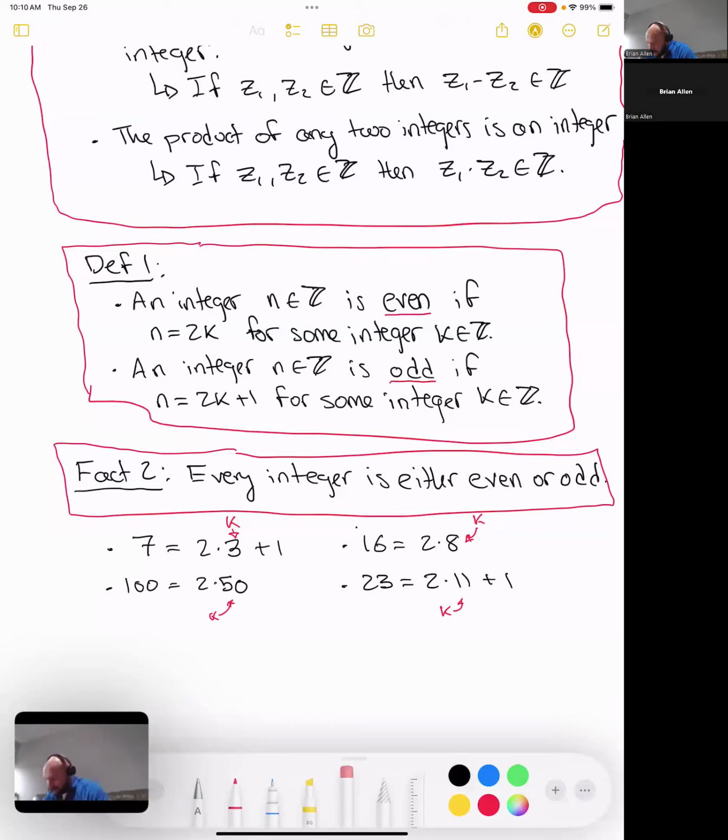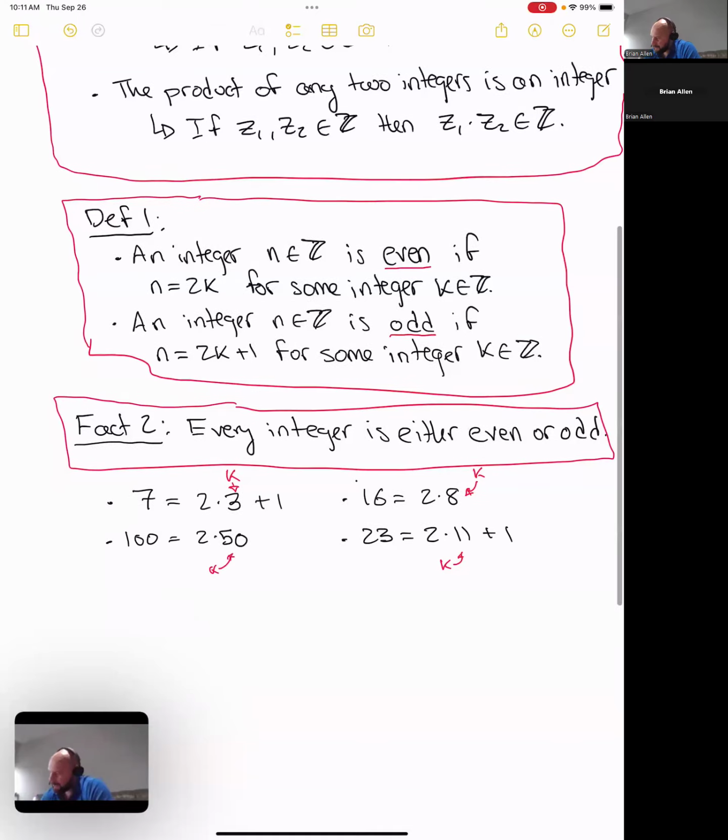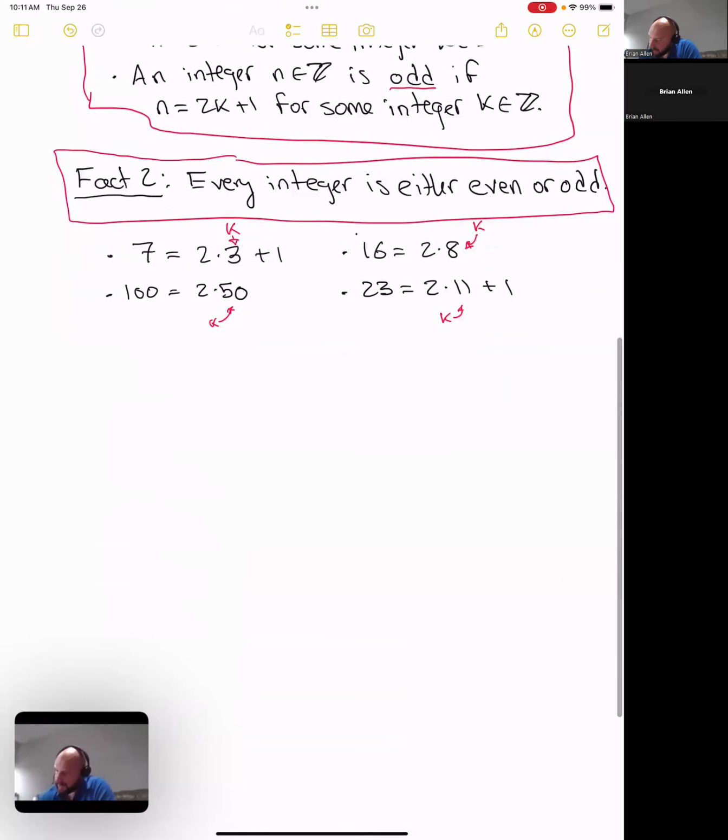Okay, so now I want to look at our first proof. So we need some statement to prove, and so the statement we're going to prove here is that the sum of two even integers is even.